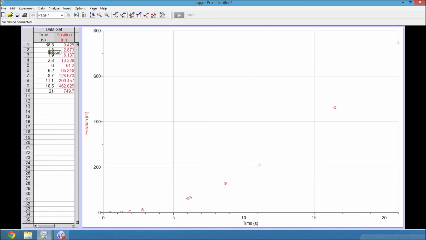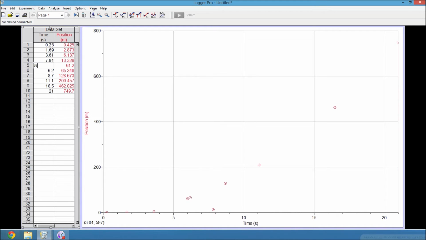So let's see here. We got 0.5 squared. This is going to take a little bit of time. 0.25. 1.3 squared is 1.69. 1.9 squared is 3.61. And I'm just going to keep doing this on the calculator.